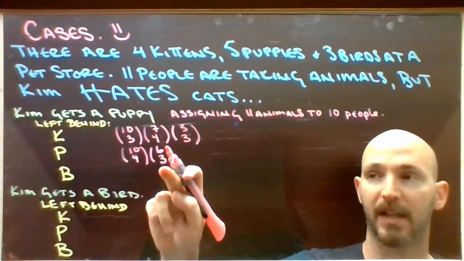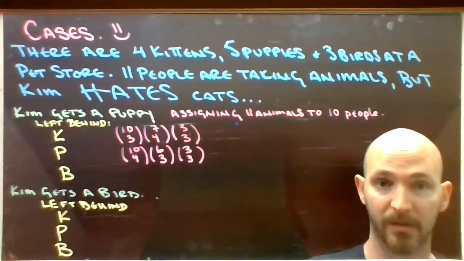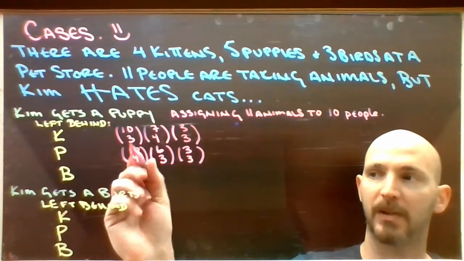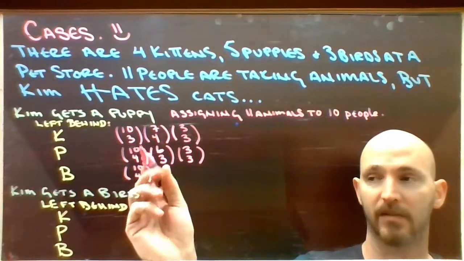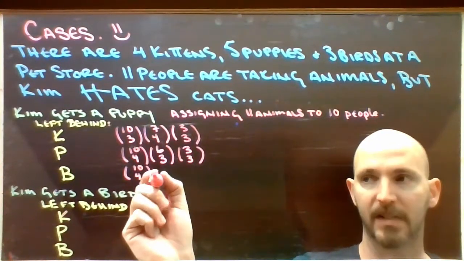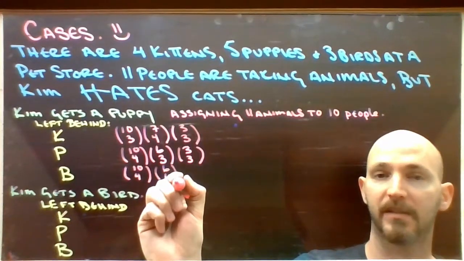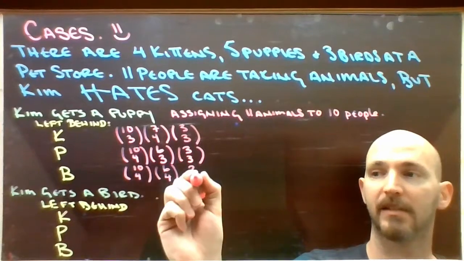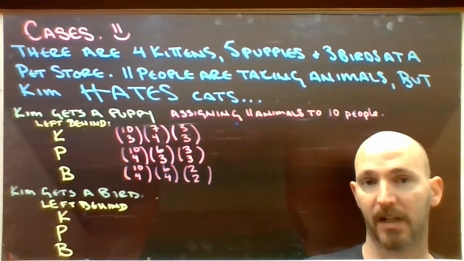So there's only 3 that get chosen, leaving 3 kids stuck with 3 birds. If Kim gets a puppy and a bird gets left behind, then 4 kittens are assigned to 4 of the 10 kids. Of the 6 remaining, there are 4 puppies to choose from. And of the 2 remaining kids, they take 2 birds. The third one was that bird that got left behind.